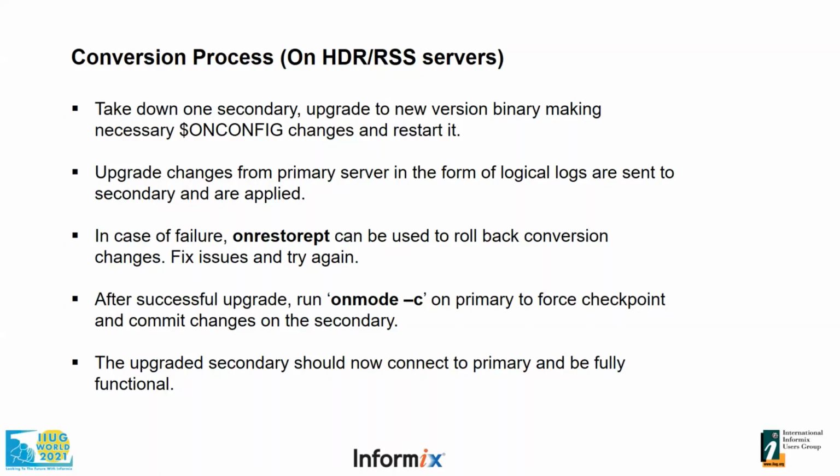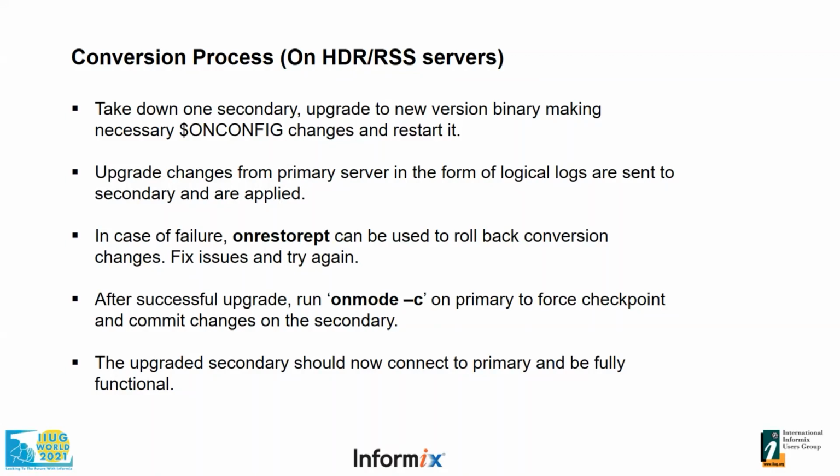So then you will start converting your secondaries. You will take down one secondary at a time, upgrade it to the new version binary, make the necessary onconfig changes, and restart it. Once you restart and the conversion has been done, it will send a notification to the primary that it has converted.